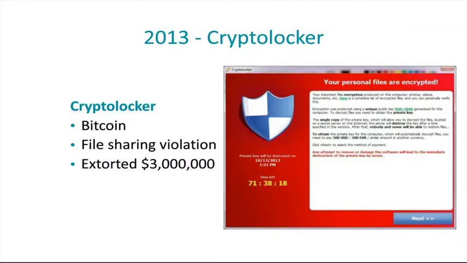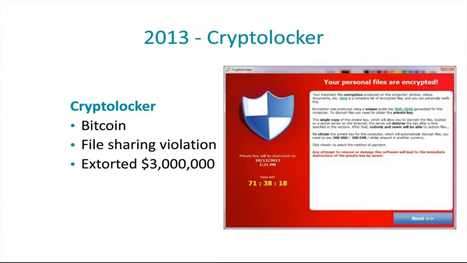Then the malware threatened to delete the private key if the Bitcoin payment was not made within 3 days of infection. After the deadline passed, this Bitcoin ransom was then increased to 10 Bitcoins. And it was estimated that at least $3 million was extorted with Cryptolocker prior to it being shut down. So this one was unique because of its introduction of using Bitcoin as the main method for payment.